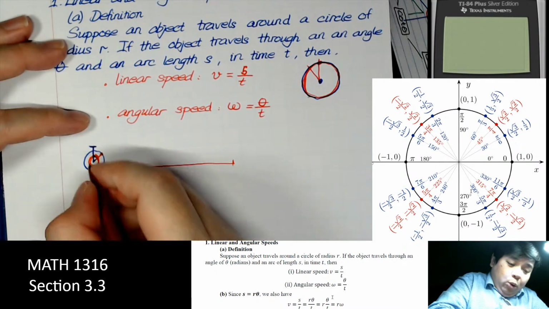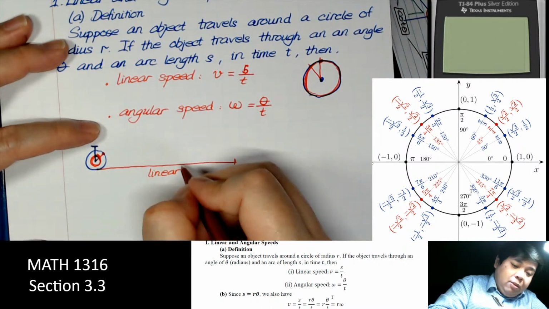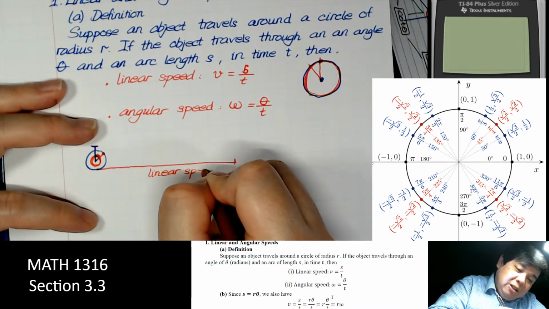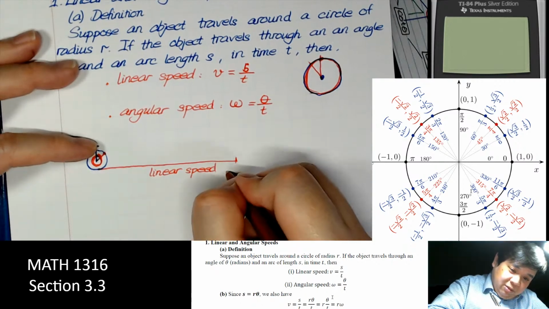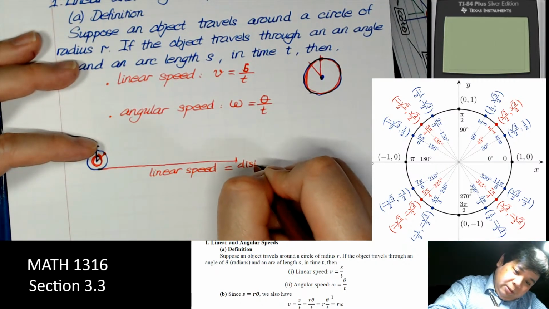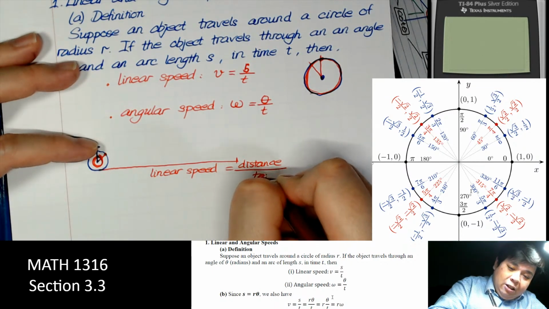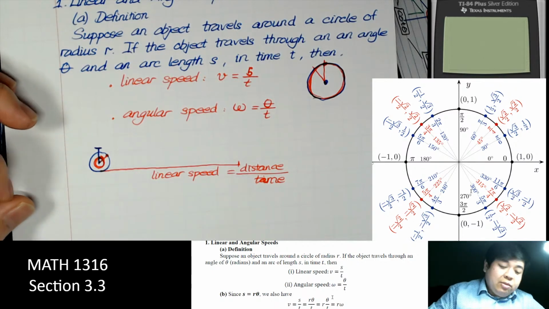So in that case, we have the linear speed, which is distance divided by time.